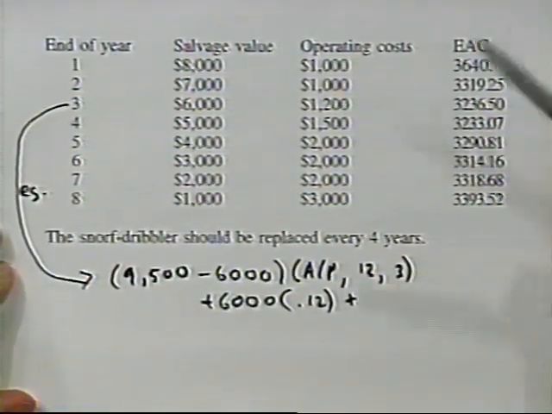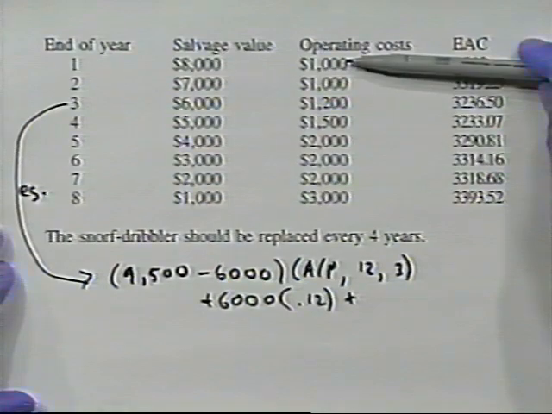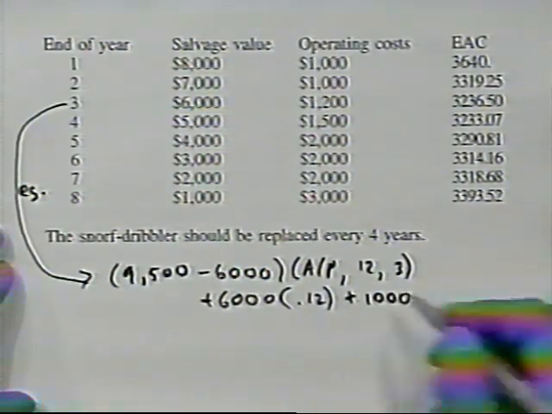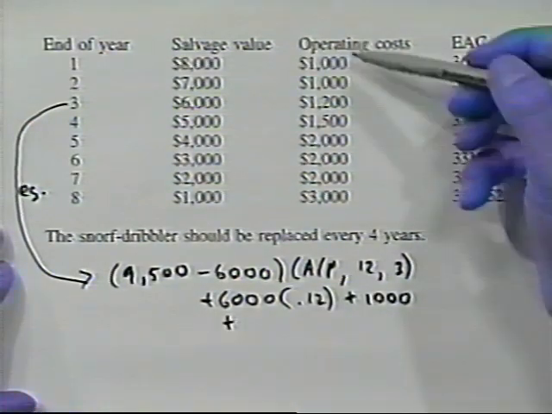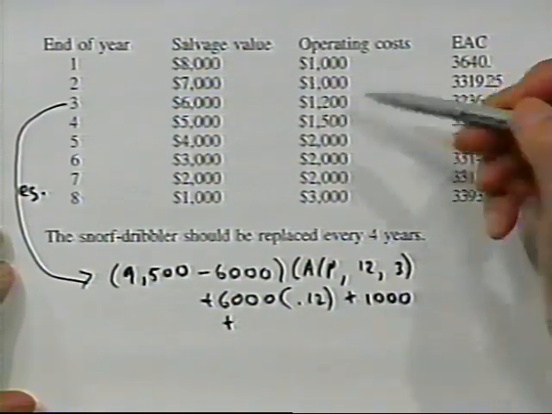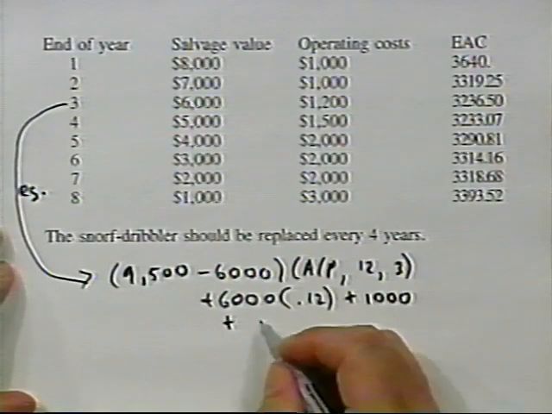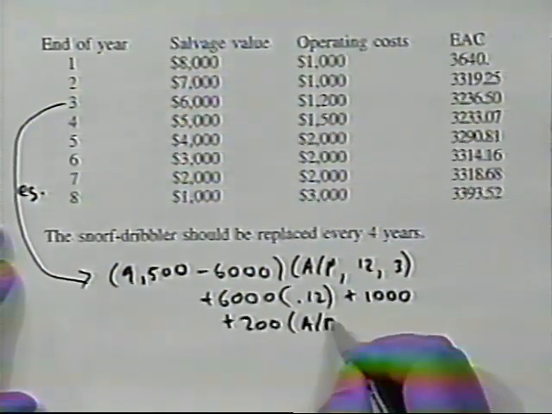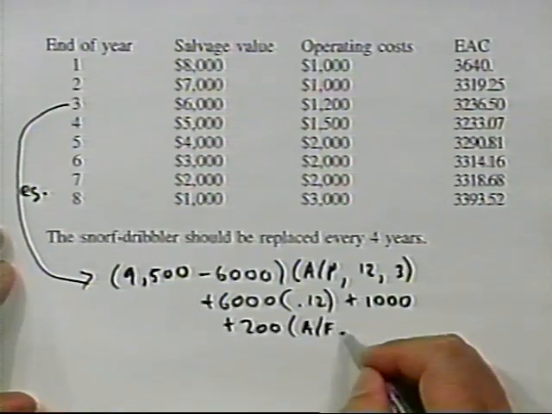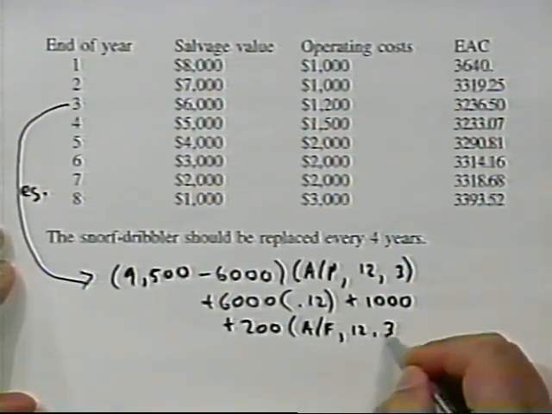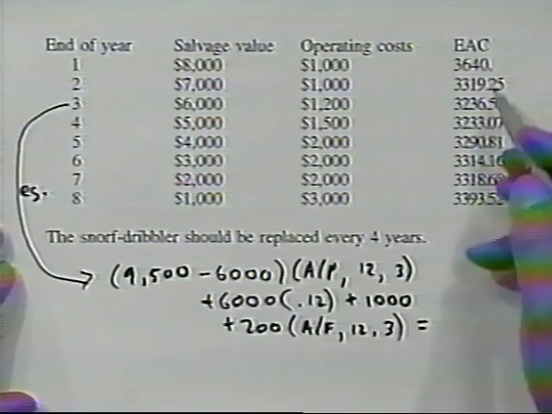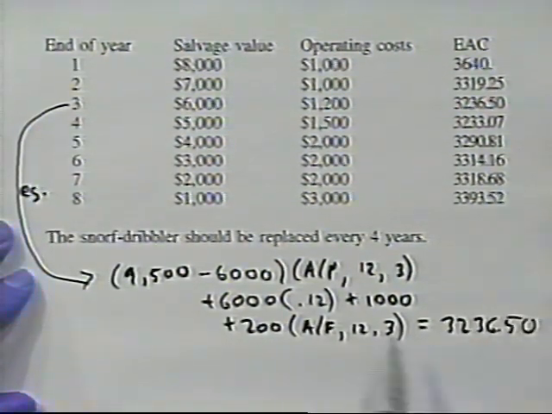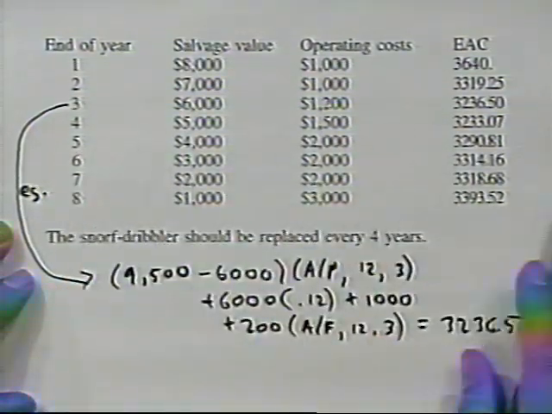Plus the operating costs. We can see the operating costs are at least $1,000 each of the years, so we can just add $1,000 here. At the end of the third year, we have an extra $200, which will be spread over the 3-year life. Giving us a total annual cost, and it works out to be $32.3650. So that's just a sample calculation of one of these rows.